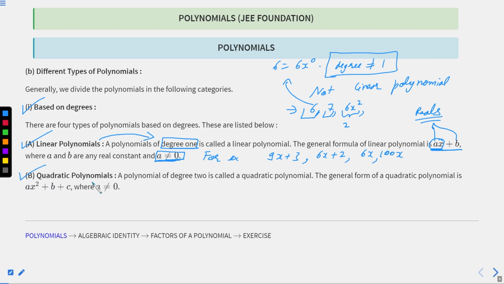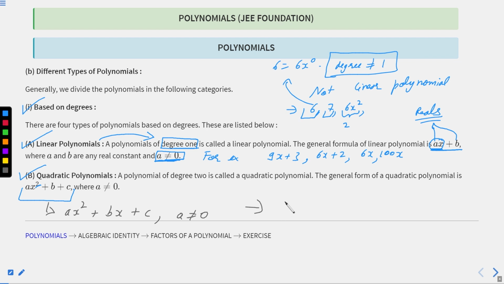Now in quadratic polynomials, the degree must equal 2. For example, my general quadratic polynomial will look like ax square plus bx plus c, where a is non-zero. What if a becomes 0?